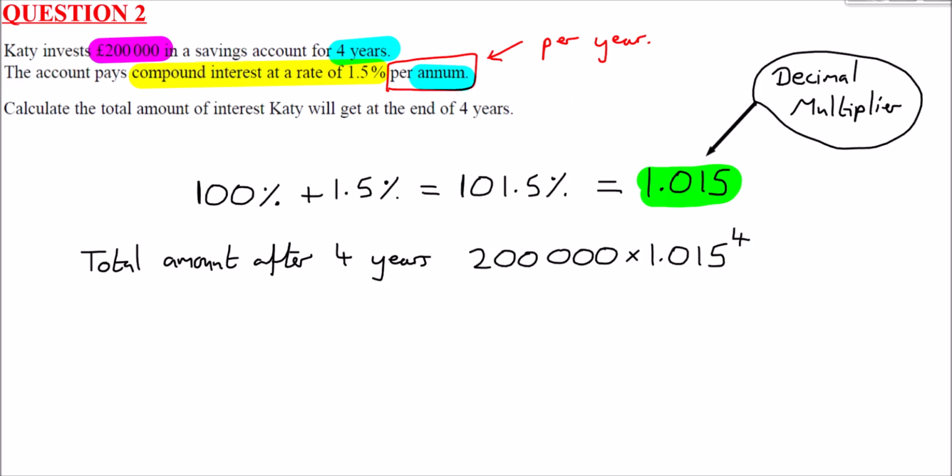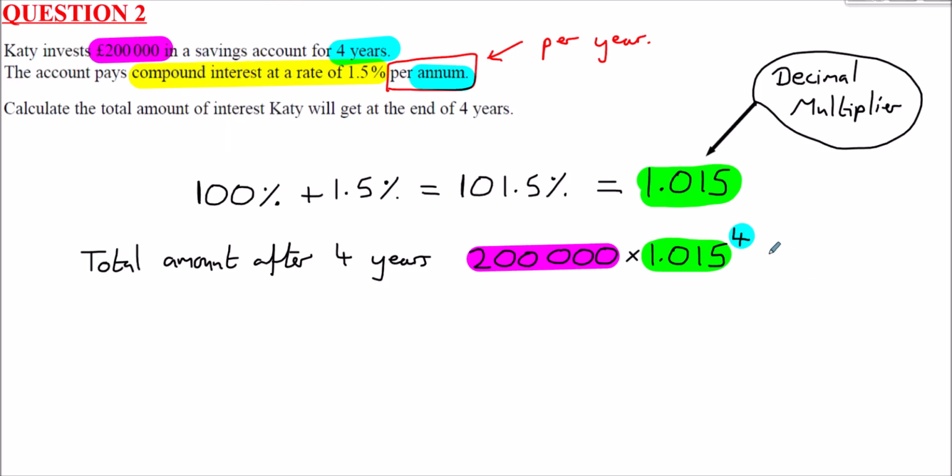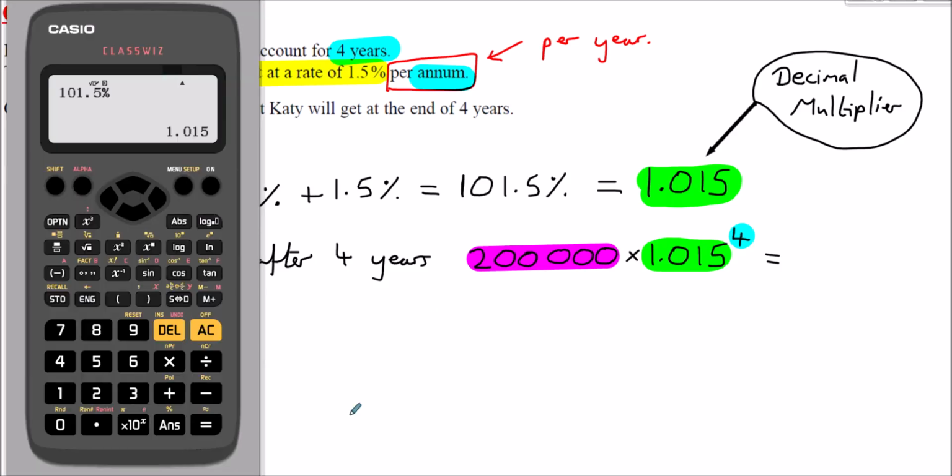And so just so you can see where these numbers are coming from, that's the starting amount multiplied by the decimal multiplier itself to the power of the number of times the interest is added on. And that's all there is to it. So for now, we just calculate this and see what the calculator gives us.